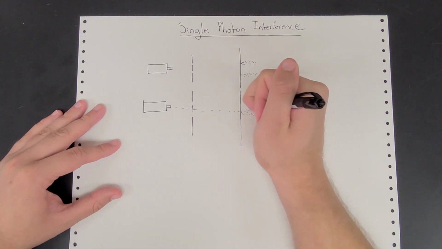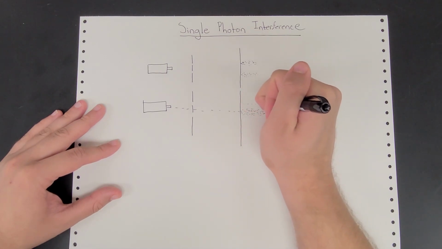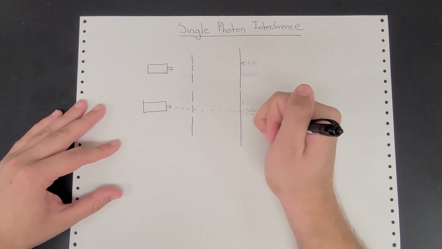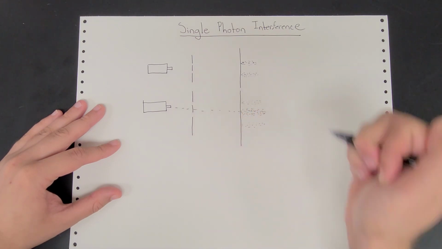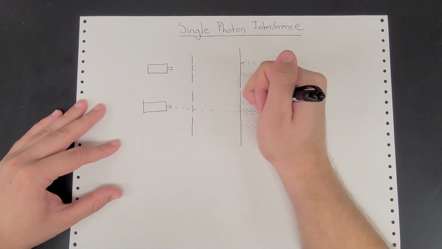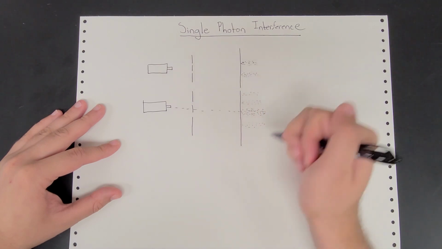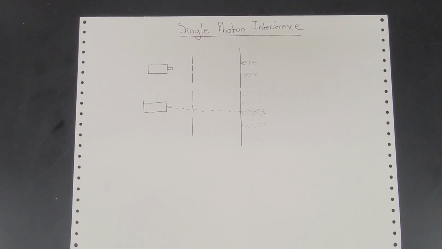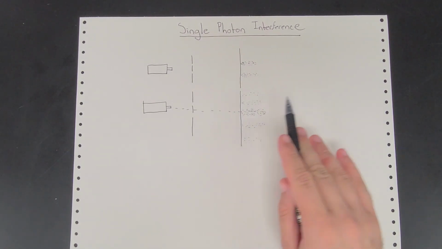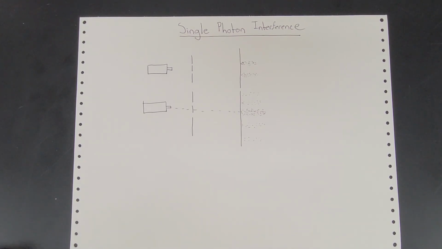And then to either side of that, we have two other areas, which might have a little bit fewer photons striking. And then as we go off, we can have some other areas which have even fewer, okay? And so we call this our diffraction or interference pattern. And this happens when we only send a single photon through, okay?